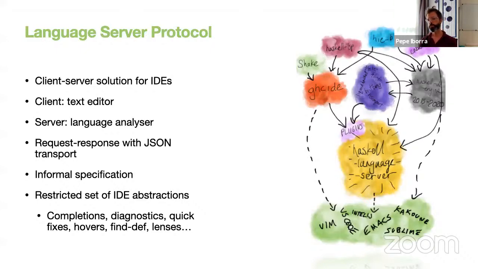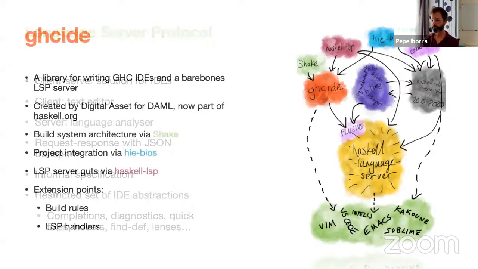So if your language fits this kind of use cases, then LSP is going to work very well. If you have a programming language that doesn't fit this set of use cases, then it's probably going to be much harder to develop an LSP server for it. But in the case of Haskell, it's a good fit.